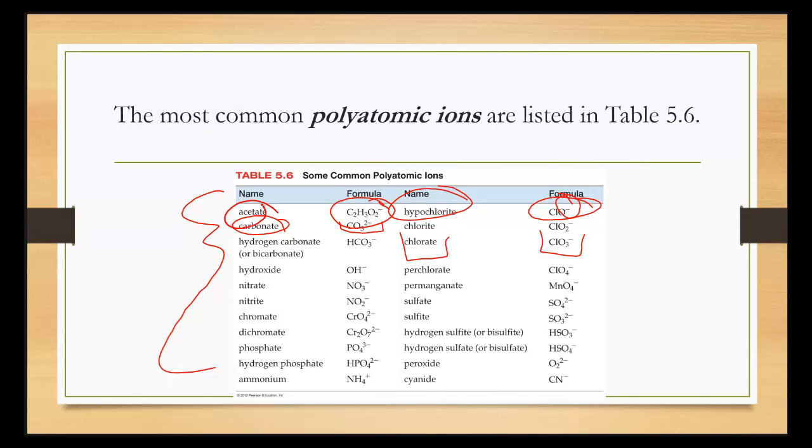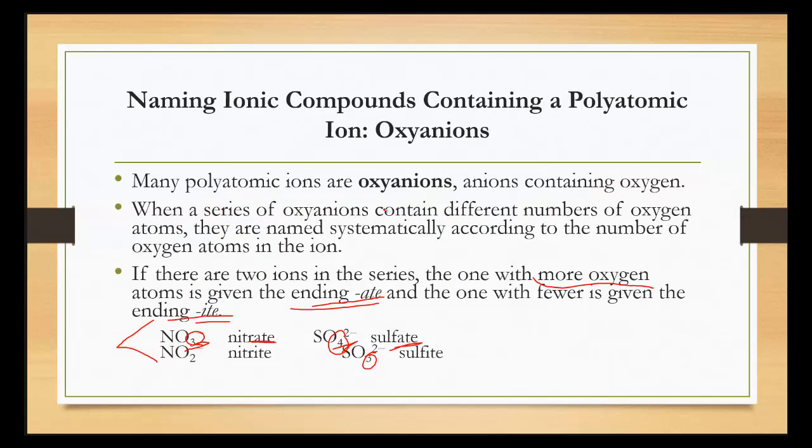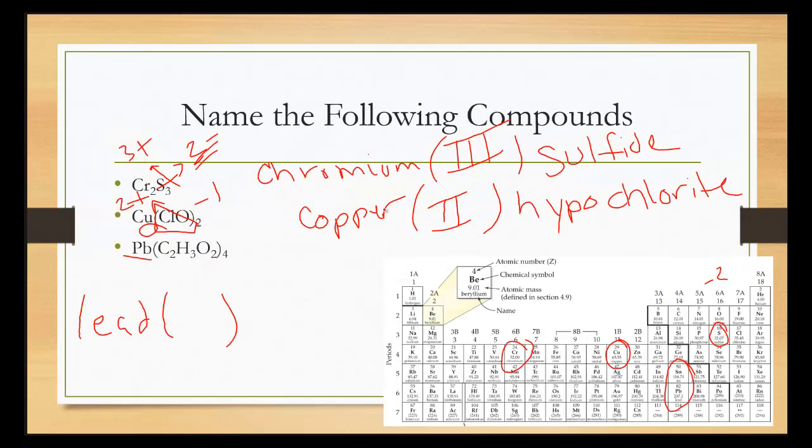So we put acetate here, and it should be a -1. If we look here, when we uncross it, it's an invisible 1 there, so we're fine. Lead should be a 4 because of this number right here.